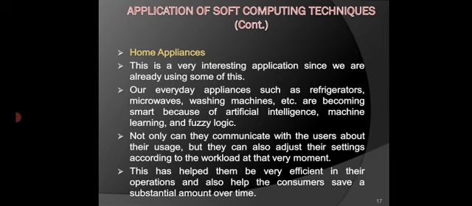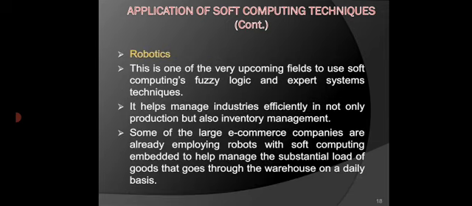Not only can they communicate with the users about the usage, but they can also adjust their settings according to workload, and this happens only with these techniques. This has helped them to be very efficient in their operation and helps customers save a substantial amount over time. So again, it is cost effective.